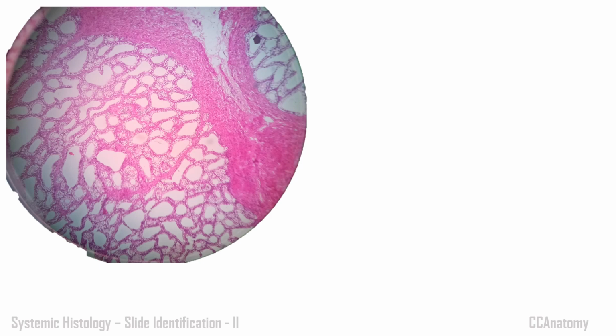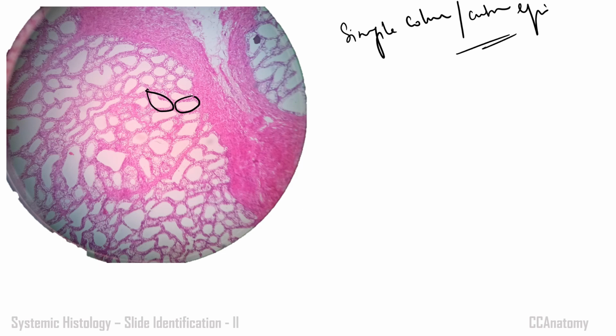Then moving to another slide, which closely resembles the mammary gland. This is not a slide of mammary gland. Here, what can you make out? These are some glandular structures. A glandular structure is lined by simple columnar epithelium, mostly simple columnar or cuboidal epithelium. Apart from that, these are the fibrous coat, the fibrous stroma.